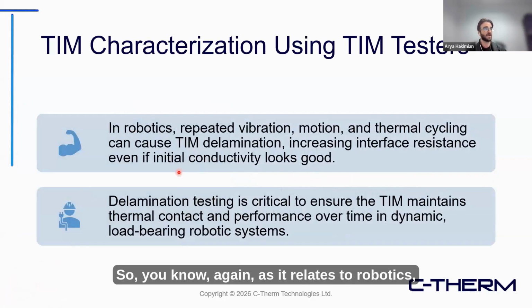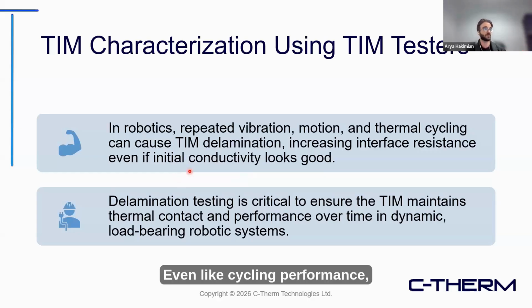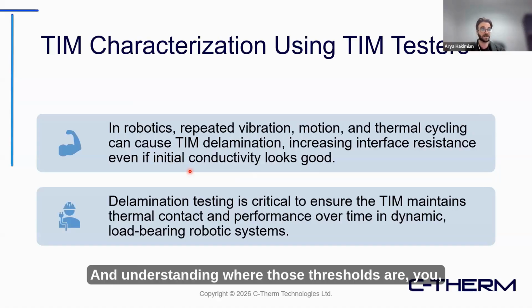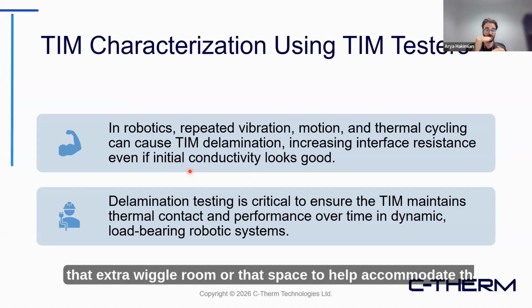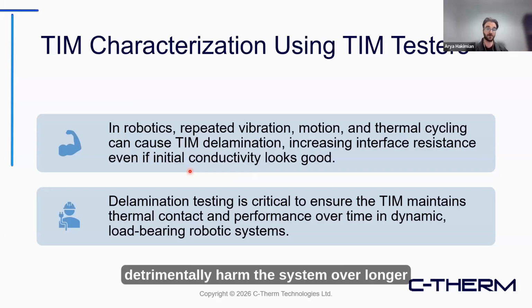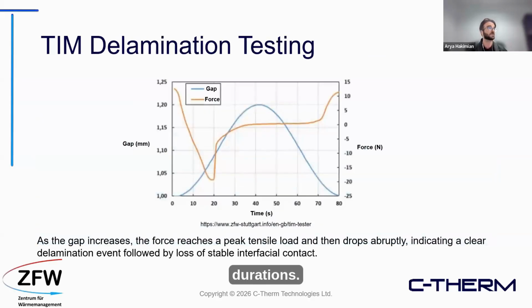So, again, as it relates to robotics, you have these more dynamic, repeated motions, even like cycling performance, how that interface contact may look at the beginning may change over time. And understanding where those thresholds are, of course, you can build in that extra wiggle room or that space to help accommodate that so it doesn't detrimentally harm the system over longer durations.